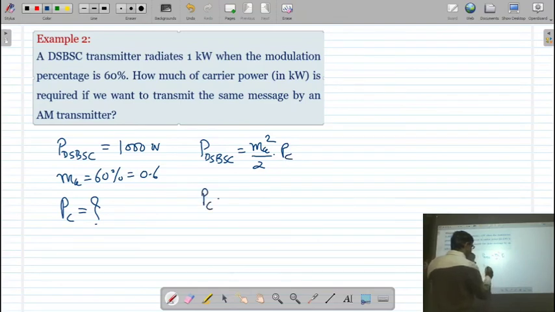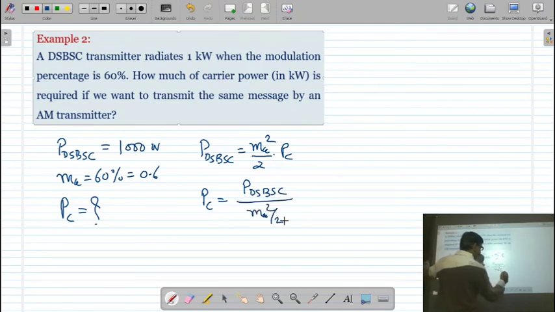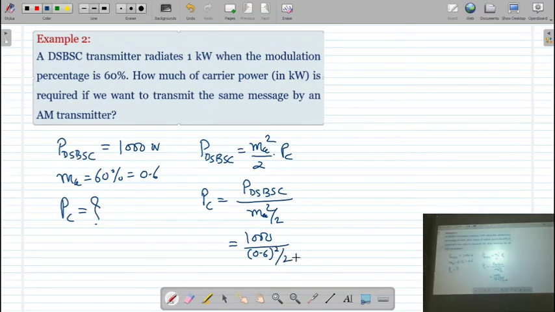So the Pc is given as PDSBSC divided by Ma squared by 2. So this one is 1000 divided by 0.6 whole square divided by 2, and you will get 5.56 kilowatt.